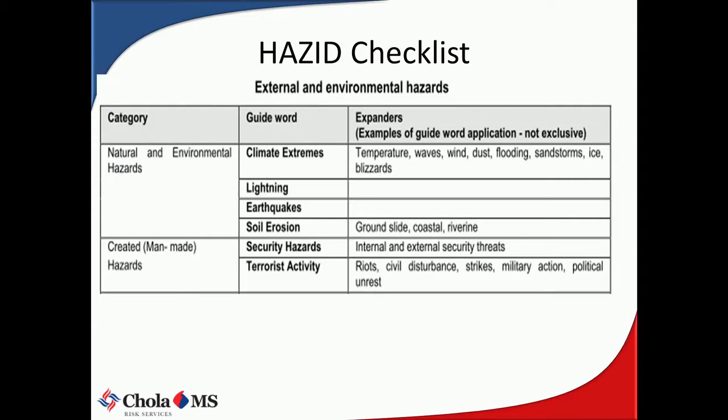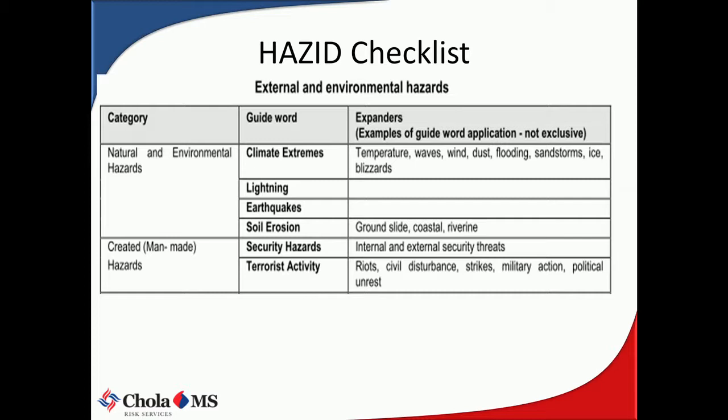What are those that we need to look into in the hazard checklist? There are two types of hazard: natural hazards and man-made hazards. In terms of natural hazards, what we need to look at is climate extremes. Say if we are putting up an industry in a desert where 50-55 degrees are there, then you need to take adequate prevention measures.